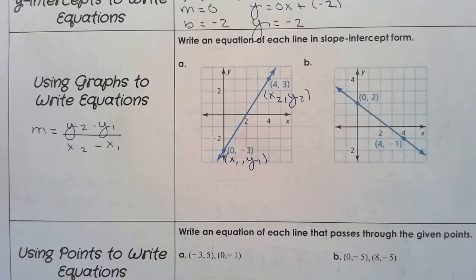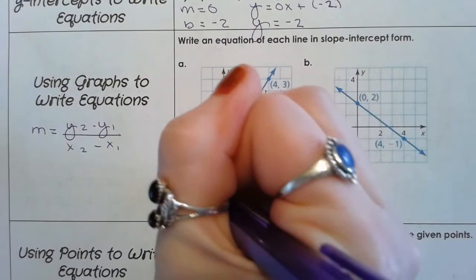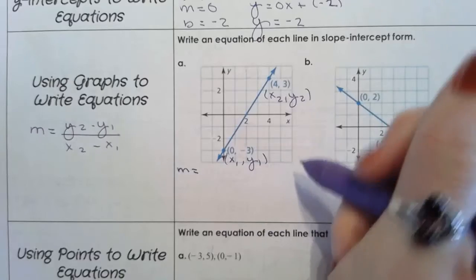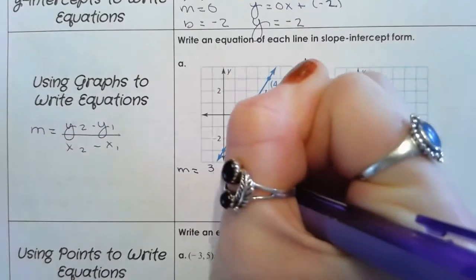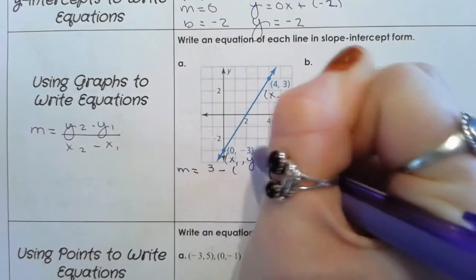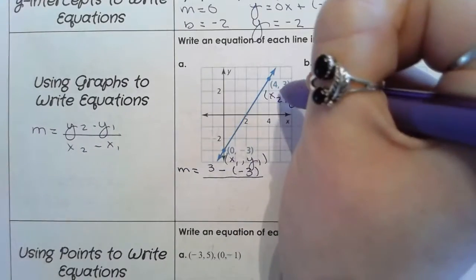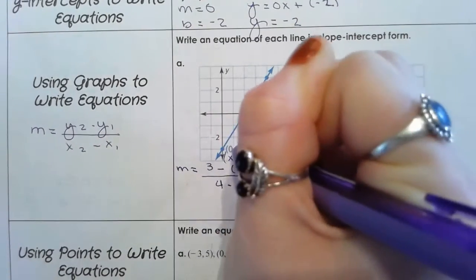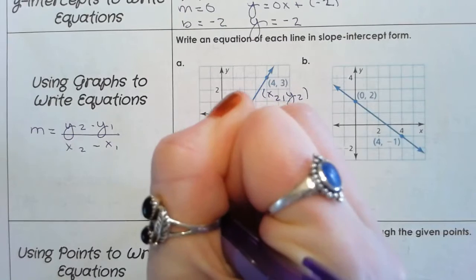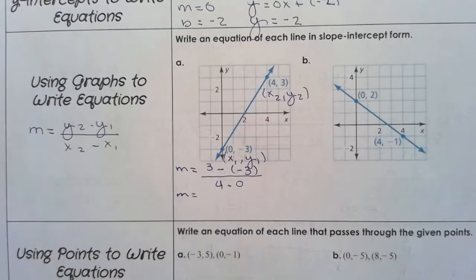All right. So now let's plug that into our equation because we're going to find our m value first. So we'll have m equals y2, which is 3, minus y1, which is -3, all over x2, which is 4, minus x1, which is 0. All right, let's go ahead and simplify this.